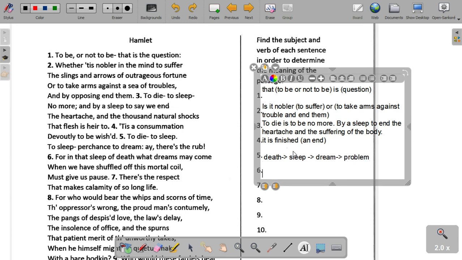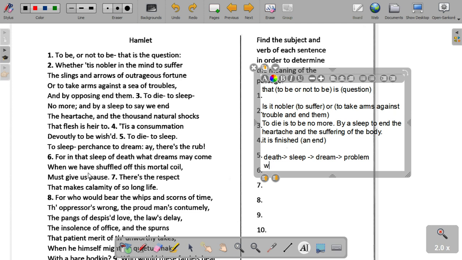Now, what is the problem he's talking about here? Let's talk about it a little bit. So he's saying, "for in that sleep of death, what dreams may come when we have shuffled off this mortal coil must give us pause." So what is he worried about? It says here, in that sleep of death, so when he dies, what dreams may come when, and then here's the break, or the subject and verb.